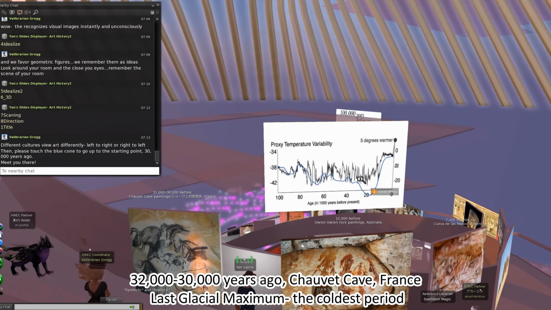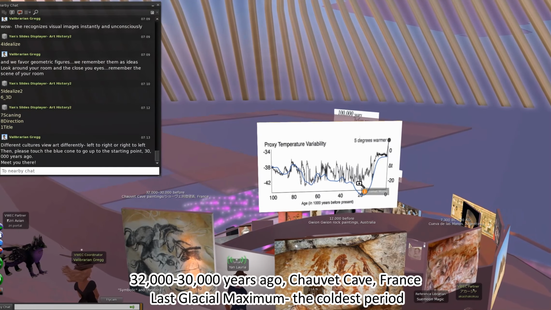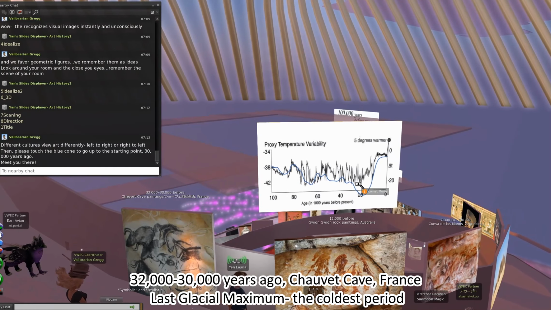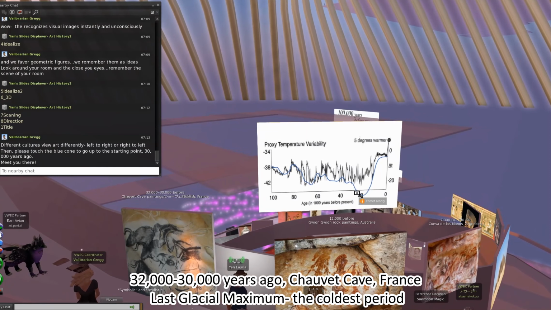32,000 years ago, the coldest and unstable time, the last glacial maximum.